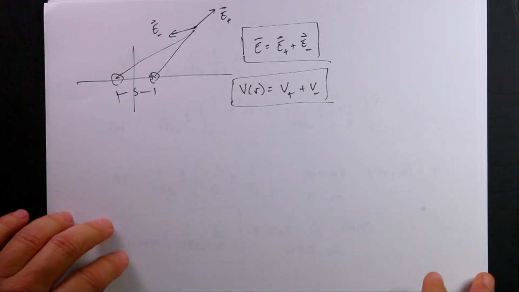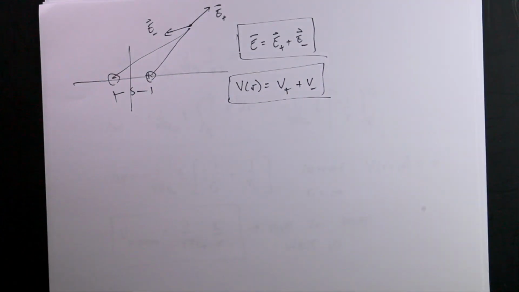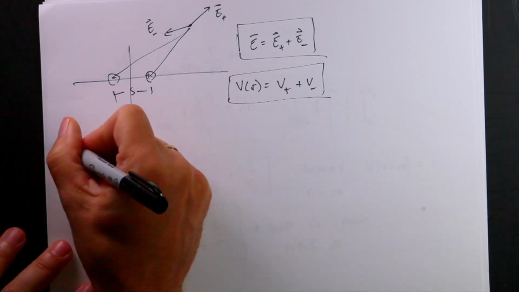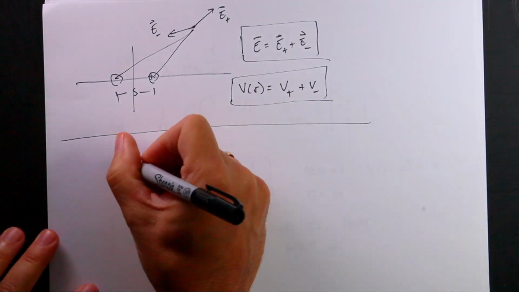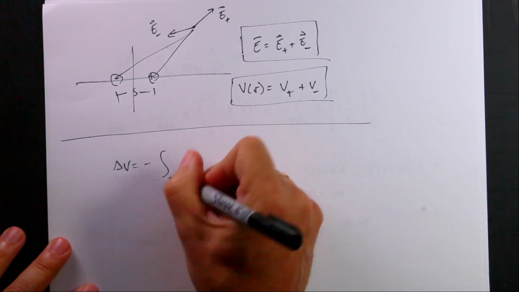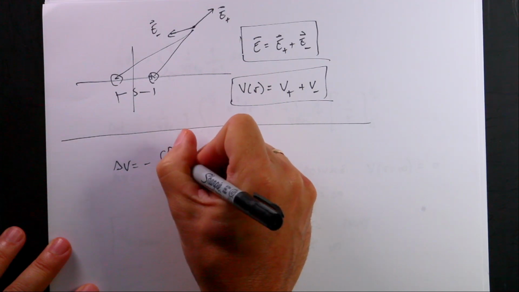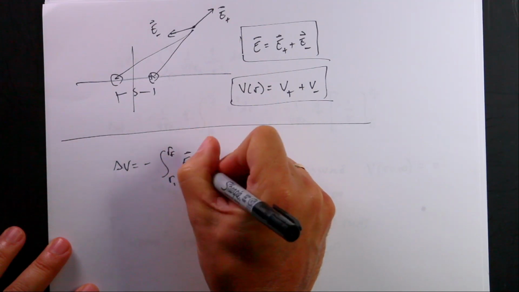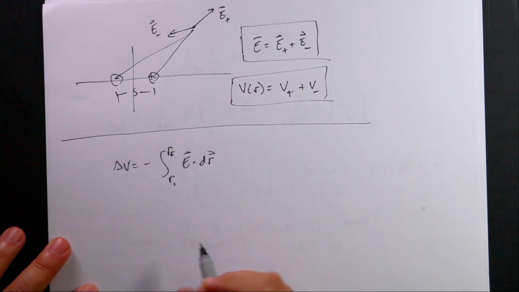Okay, let's see. So what else did I have on here? Oh, what about the relationship between E and R? So remember, delta V equals negative the integral from R initial to R final of E dot dr. That's true.